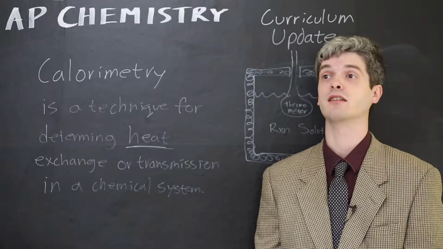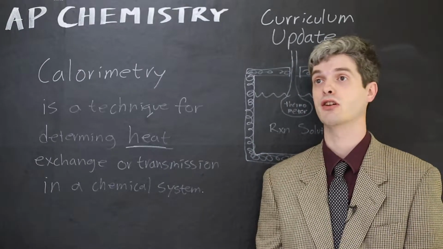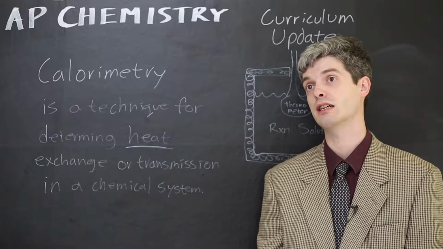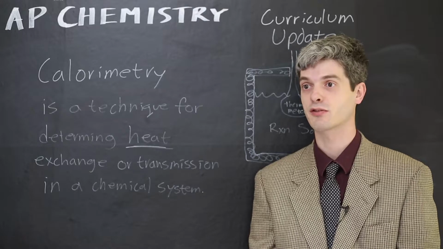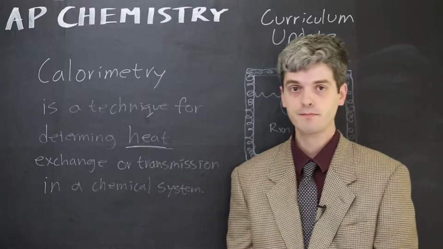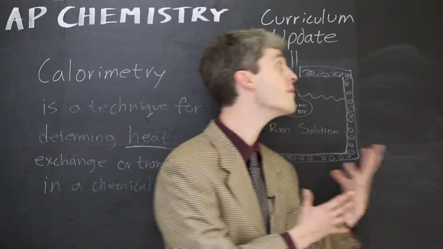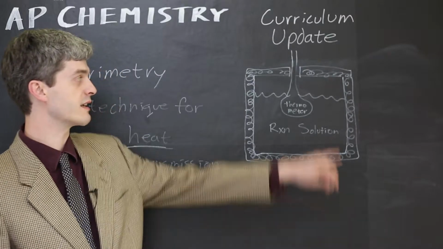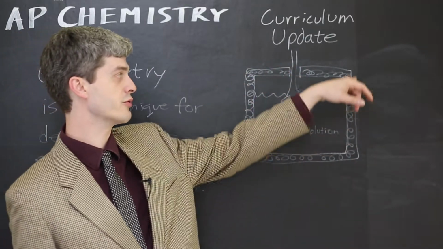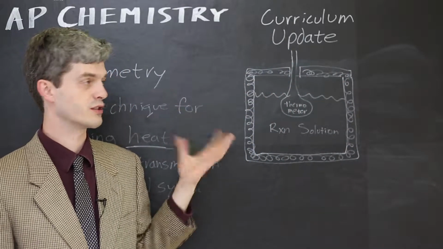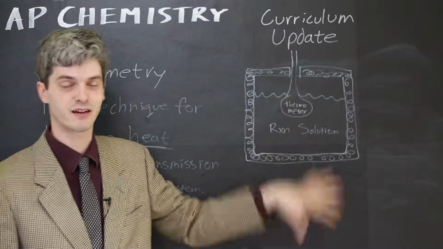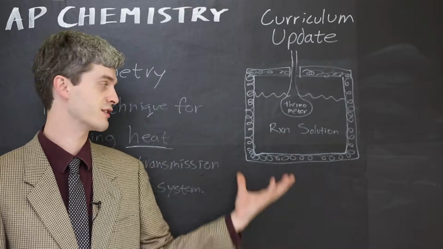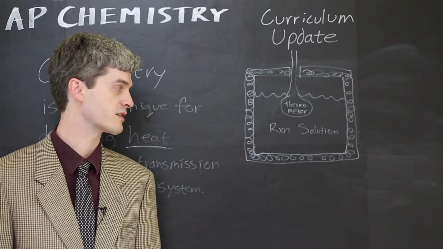We're observing this loss of energy through heat, which means it's an exothermic reaction. It gives off heat. We observe that in a calorimeter, which is basically an insulated enclosure, which is supposed to minimize the transmission of heat outside of the system. We're trying to keep the system as isolated as possible.